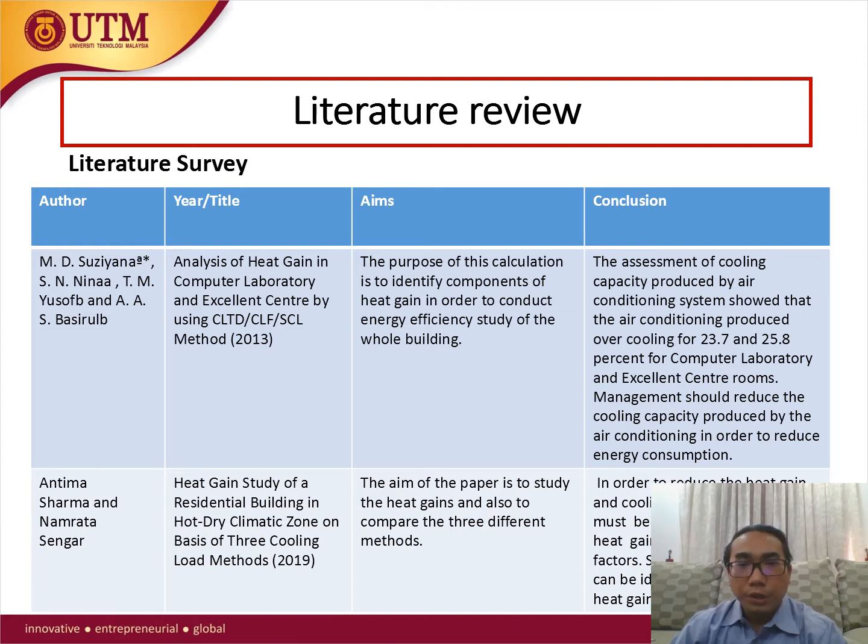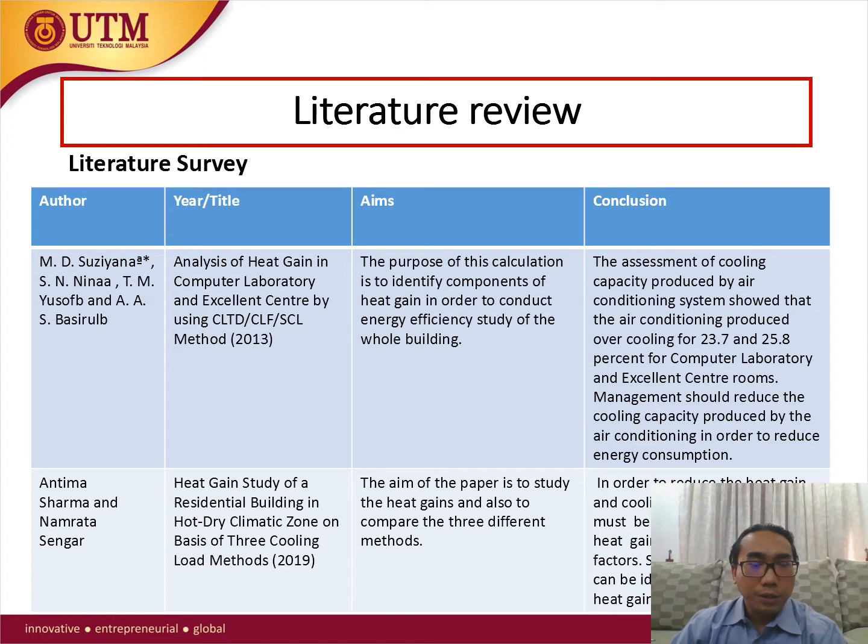The conclusion is that the assessment of cooling capacity produced by the air conditioning system shows overcooling of 23.7 and 25.8% for the computer laboratory and excellence center rooms. Management should reduce the cooling capacity produced by the air conditioning in order to reduce energy consumption.